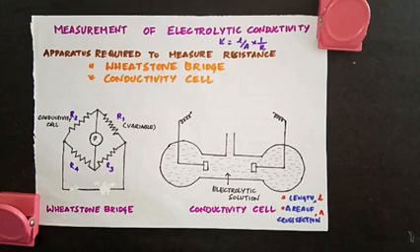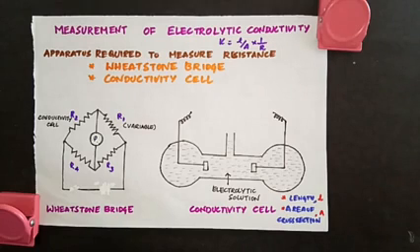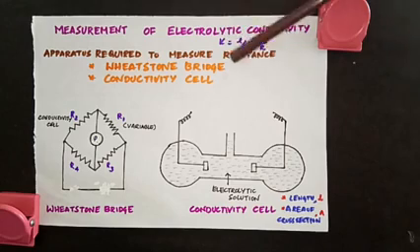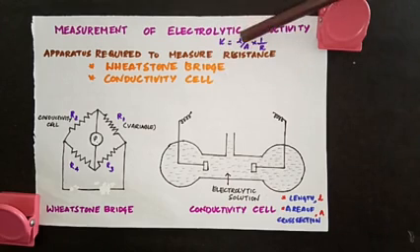So we are going to go step by step, starting from the resistance, and see how to find out the resistance of an electrolytic solution. Now look here, this is the relationship between conductivity and resistance. The conductivity kappa is equal to L by A into 1 by R. What is L by A? G star, which is nothing but the cell constant, into 1 by R. So to do this calculation, you need L by A and you need R.